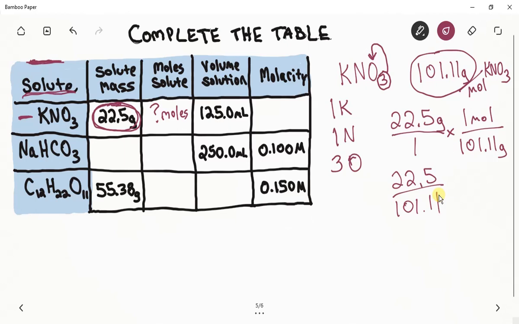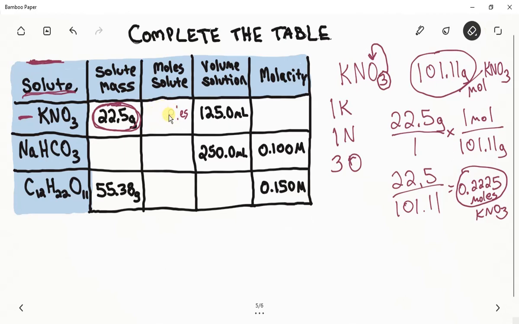So 22.5 divided by 101.11 is 0.2225. So we have 0.2225 moles of potassium nitrate. So let me erase this little block and we'll fill this in.